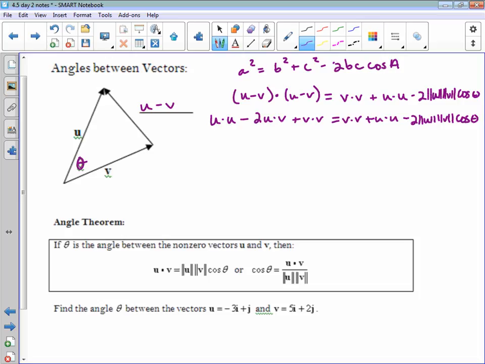So if I were solving for cosine of theta, do you guys see anything that's going to happen? If I bring these u dot u's over, what happens? What about the v dot v? I would then be dividing by this, right? So what's going to happen to the two negative 2's? You see how those are gone? We're getting rid of a whole bunch of stuff in one step here. So I'm left with u dot v over the magnitude of u, magnitude of v equals cosine of theta.